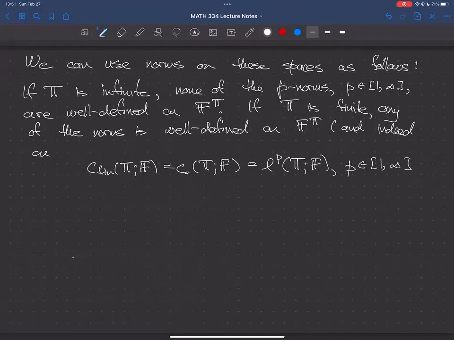So the point is, when T is finite, it doesn't matter which norm you use. And that just corresponds to the fact that in finite dimensions, all the norms are equivalent in the sense that we talked about previously. All right, so really the interesting situation that arises is when the time domain is infinite.